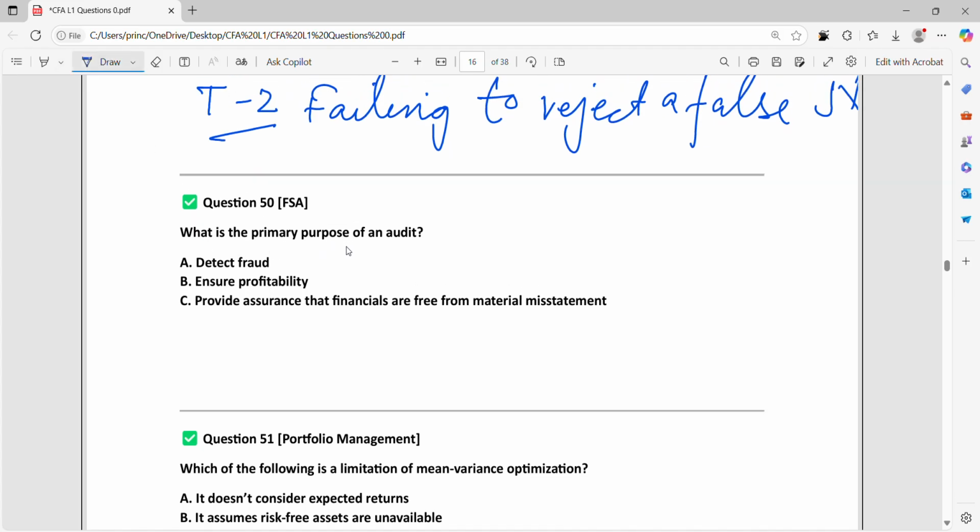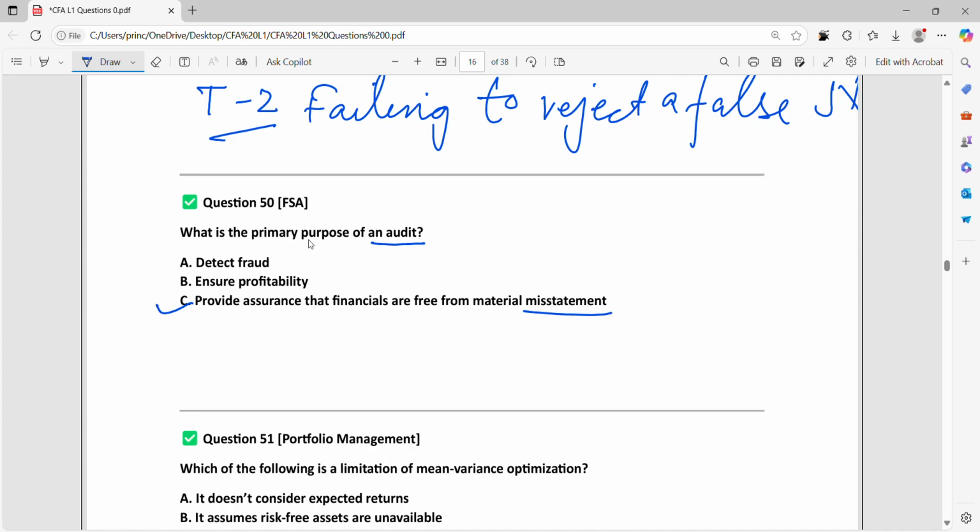What is the primary purpose of an audit? The primary purpose of an audit is to give confidence in the fairness and the accuracy of the financial report. To provide assurance that the financials are free from material misstatement.